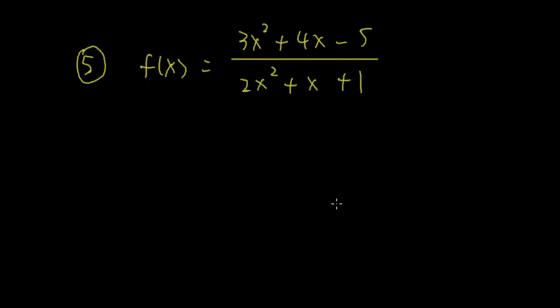Okay, using the rule, right? The highest degree of power in the numerator is 2. Also, the highest degree of power in the denominator is 2. So the horizontal asymptote will be 3 over 2.